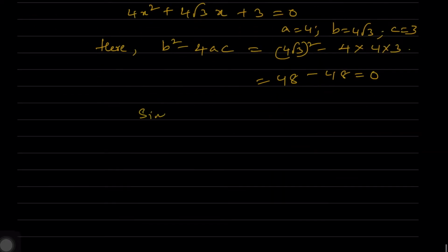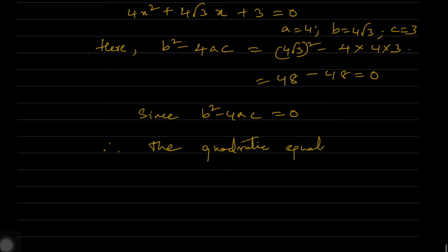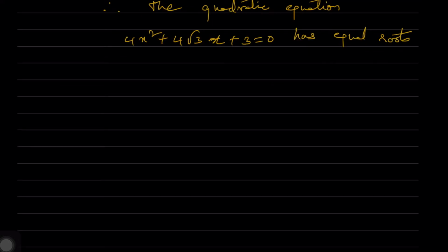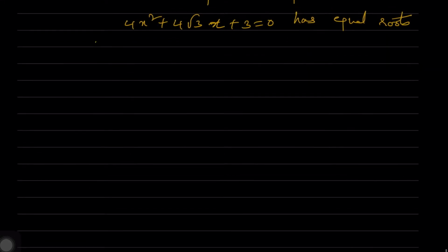Since b square minus 4ac is equal to 0, therefore the quadratic equation 4x square plus 4 root 3 x plus 3 is equal to 0 has equal roots, that is alpha is equal to beta.